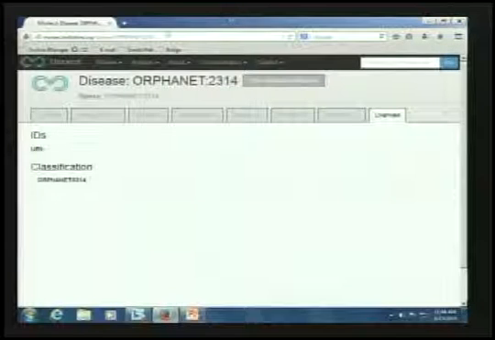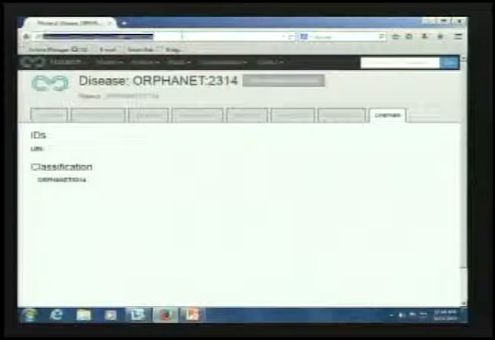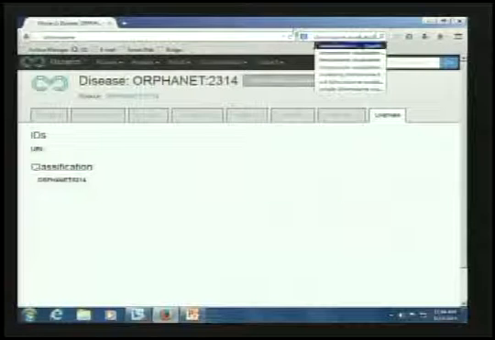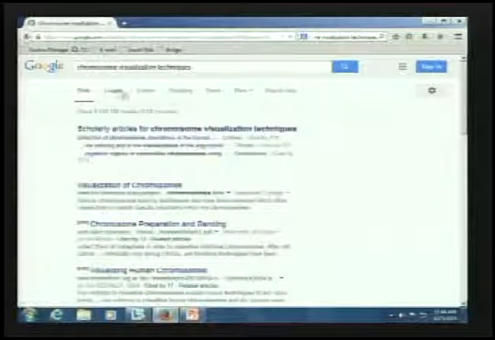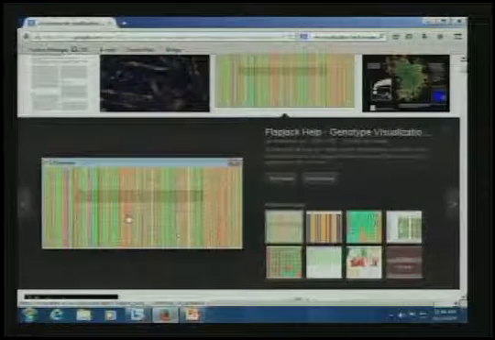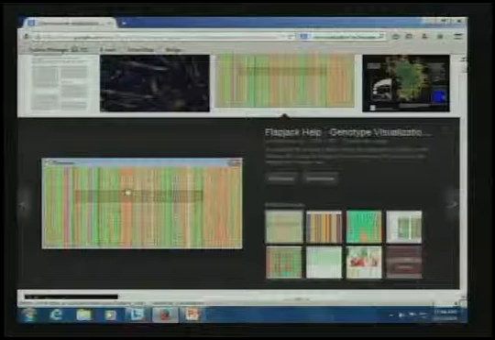And so since I was doing chromosome visualization, this is what other models look like. This is kind of an interactive one, and that would be very hard to dig through.